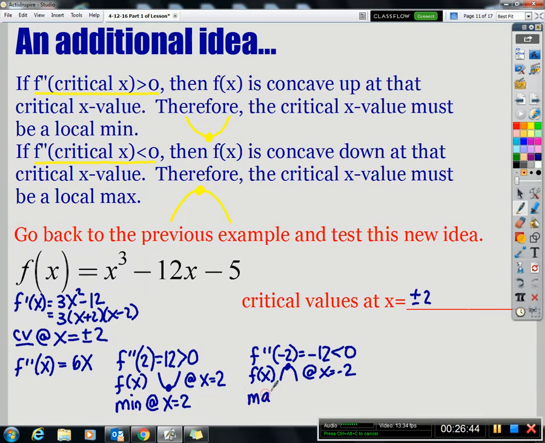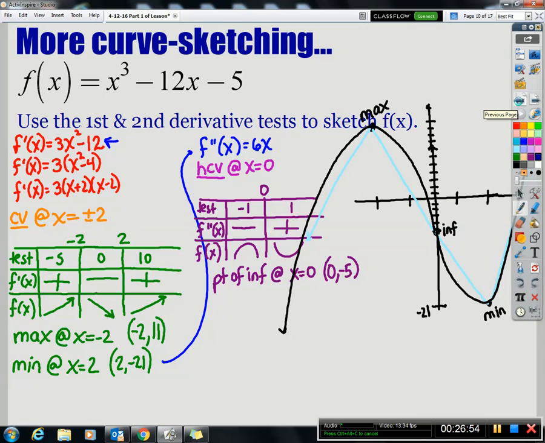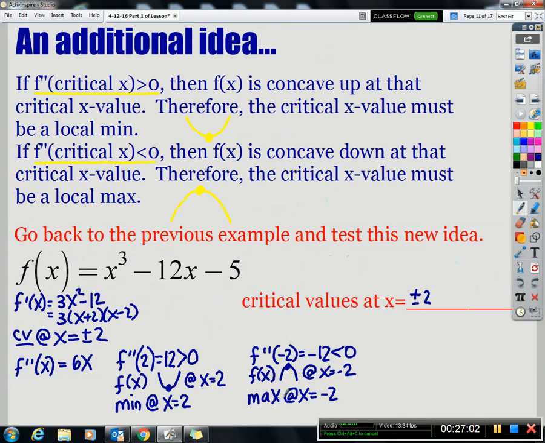So now I've discovered that there's a max at x equals negative 2. If we go back and look at this problem, notice I said max at negative 2, min at positive 2, in green there, and max at negative 2, min at positive 2 in dark blue. So the two things agree.